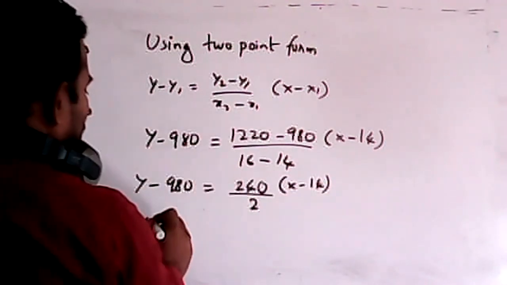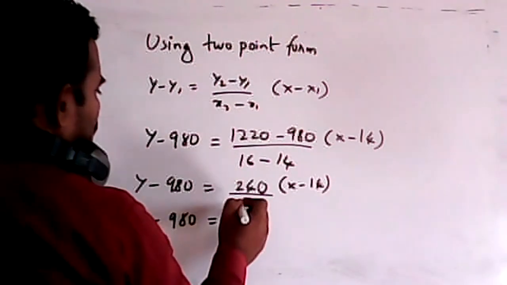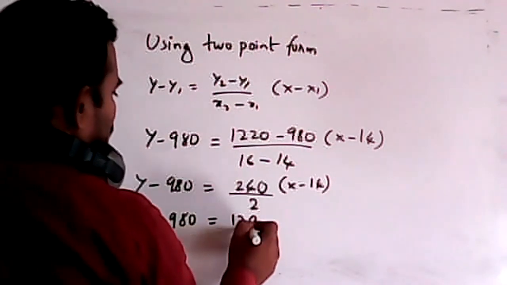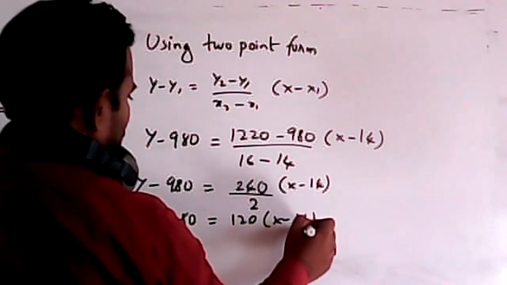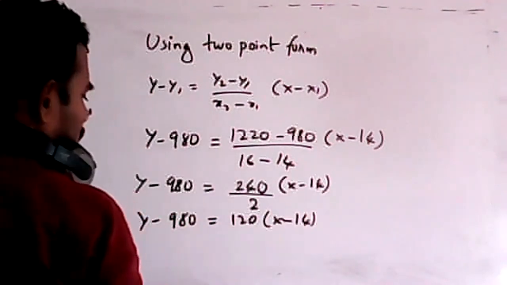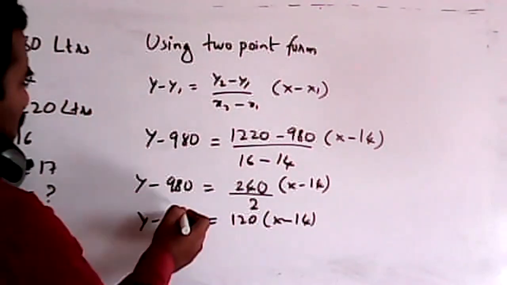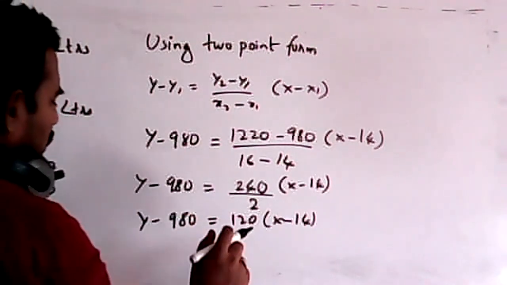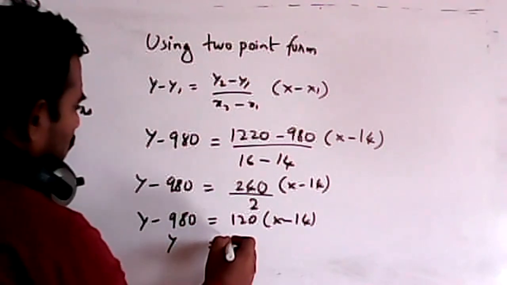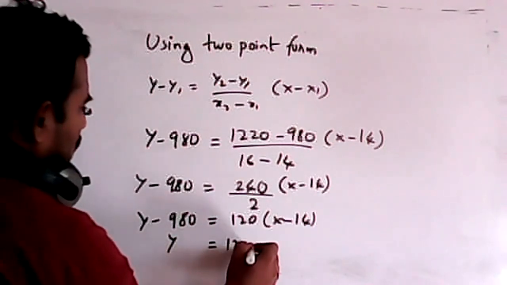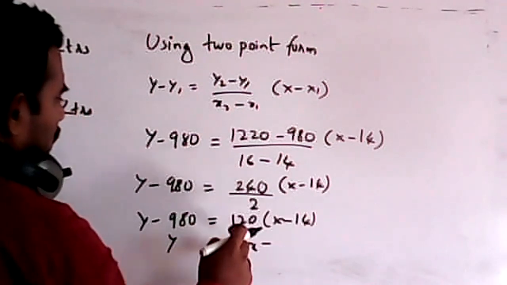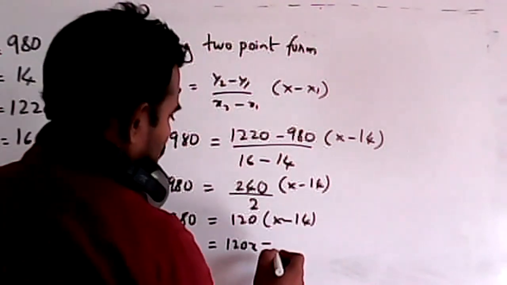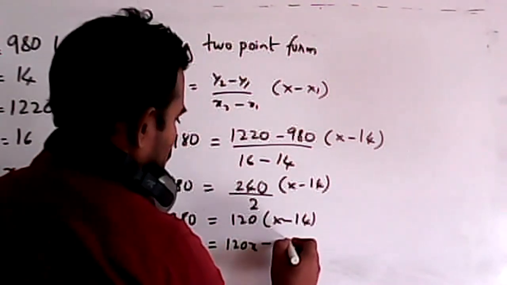So y minus 980 is equal to 120 into x minus 14. Let me make it purely the equation: y is equal to 120x minus 120 into 14.